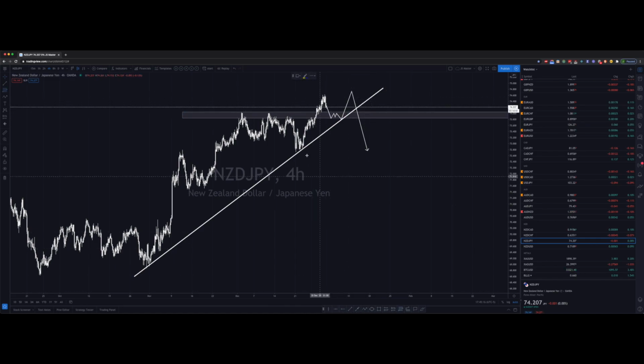Might even be a fib happening here as well. Let's see, 38.2. Yeah, you might see that, but I prefer 50% and 61.8% retracements. So if we see something like this happen, maybe, but again, not 100% clear for me, so probably just leave it alone.